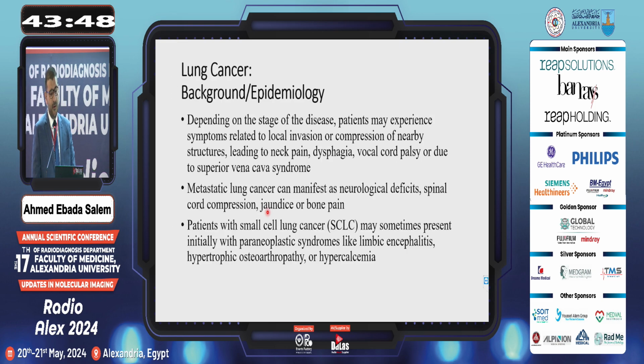Symptoms may include local invasion or compression of the nearby structures. Metastatic lung cancers can manifest with neurologic deficits due to brain metastasis, spinal cord compression, jaundice, or bone pain. Small cell lung cancer, which is one of the types of lung cancer, can initially present with paraneoplastic syndrome.